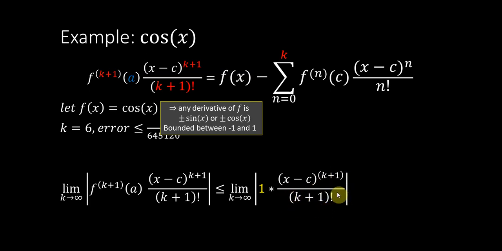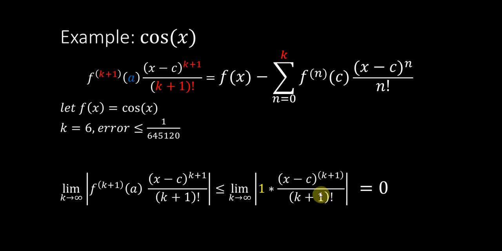The denominator is a factorial function, which grows much, much, much faster than the top. We could use some rigorous algebra tests to figure this out, and I can show you in a separate video, but without getting off topic, the intuition here is that the denominator is going to grow much faster than the numerator. So as k gets very, very large, this limit goes to 0.